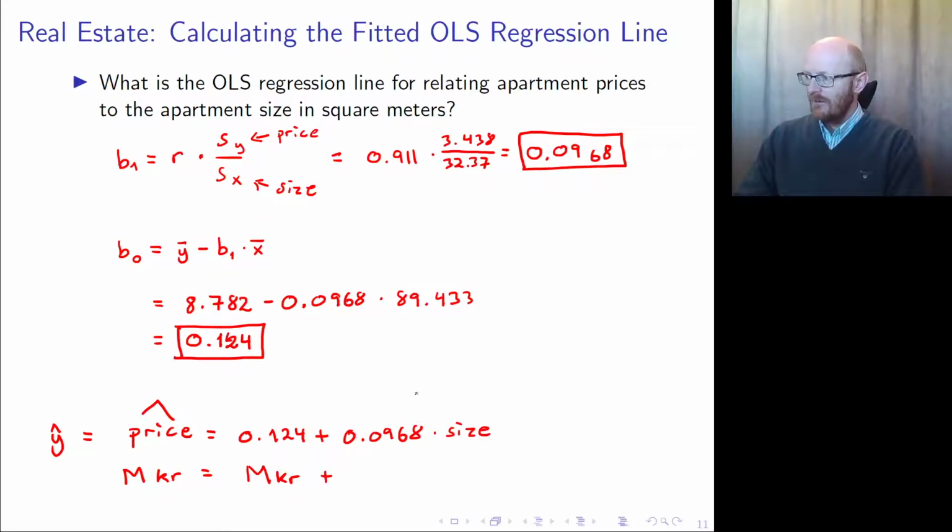Plus the slope is denominated in million kroners per square meter, times the size, which is measured in square meters.